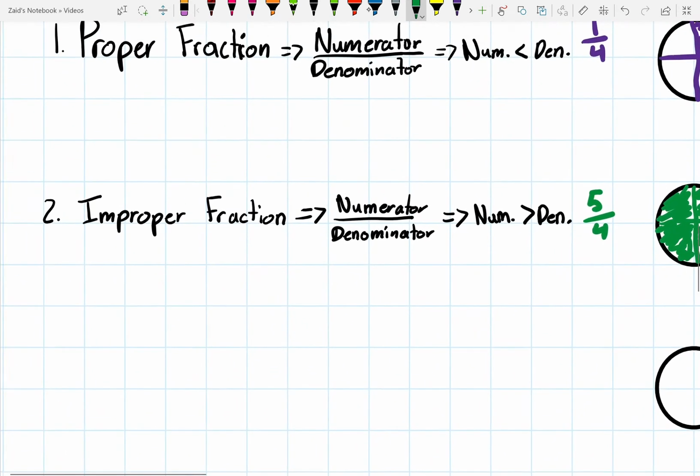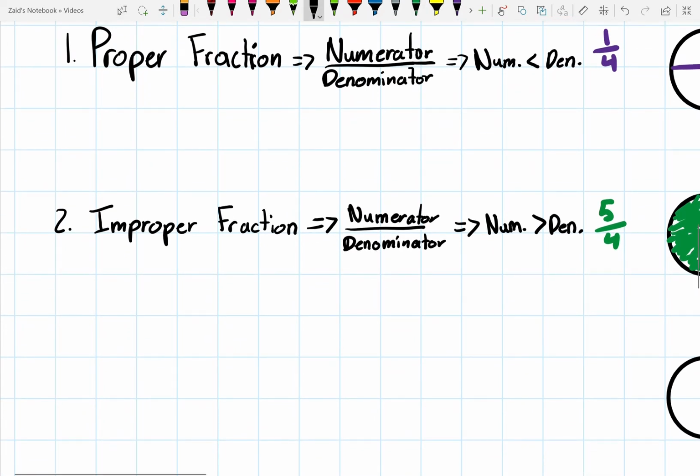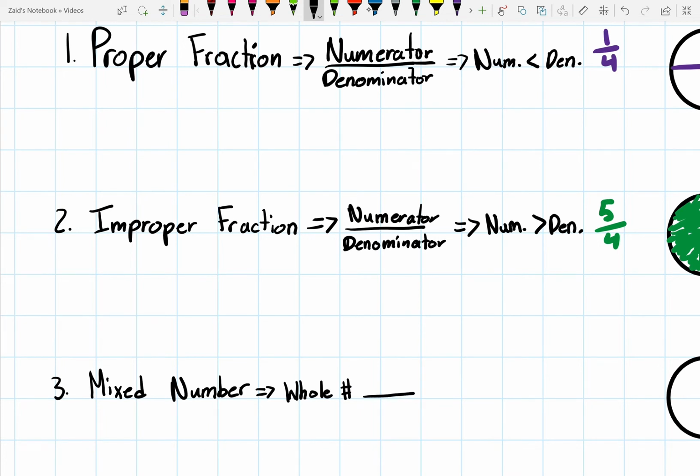And our third type of fraction is called a mixed number. Now, with a mixed number, our format is kind of different. It's where we have a whole number with a numerator and a denominator.